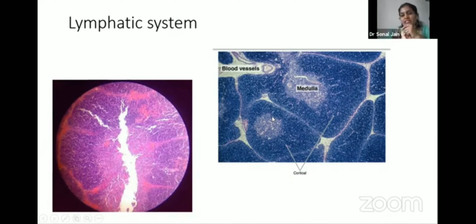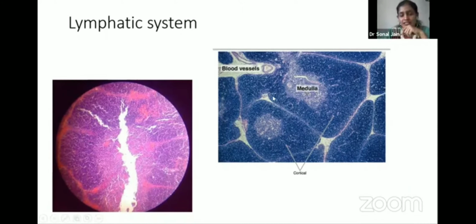Yes, so this is a central lymphoid organ, and it has only efferent, no afferent lymphatic vessels. That one is an MCQ. It has a thin capsule, and it gives off the interlobular septa, which divide the thymus into incomplete lobules. So each lobule has one cortex, which is darkly stained, and in the center one medulla, which is lightly stained.